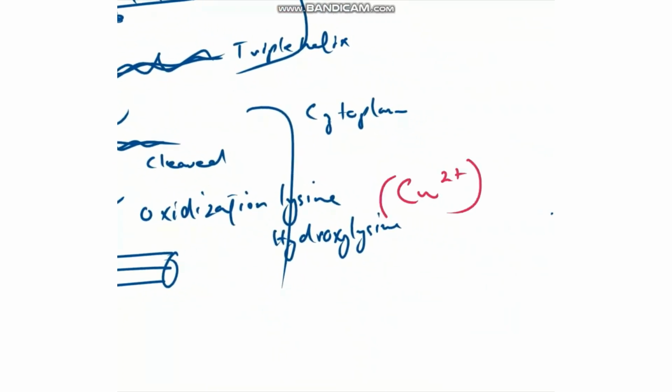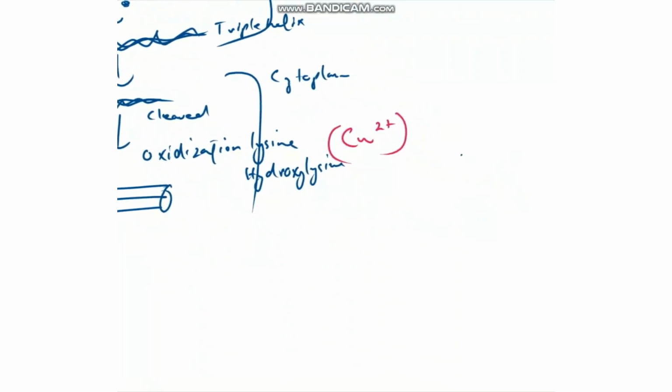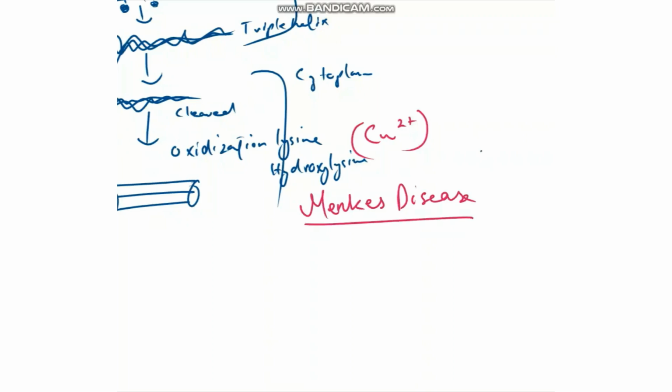So any problems with copper would lead to the oxidization not happening correctly, and this would lead to a problem in forming the collagen fibrils, and this would of course lead to pathology. A disease associated with copper deficiency and collagen is called Menkes disease. And this disease is characterized by arterial tortuosity syndrome, which is basically the lengthening and twisting of arteries.